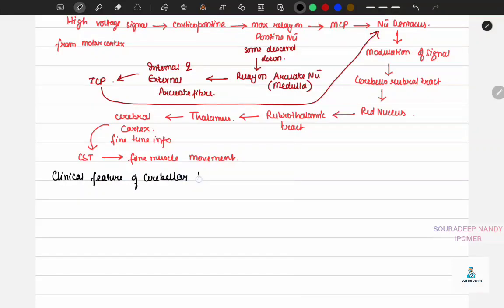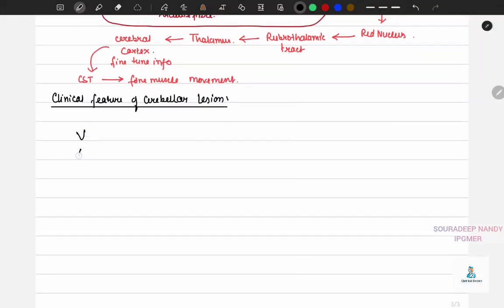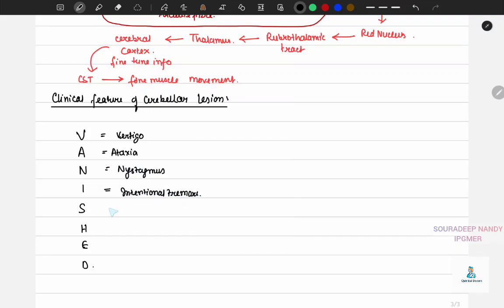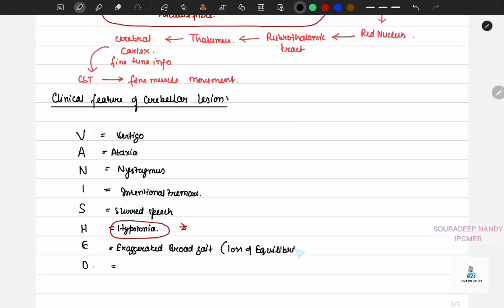of cerebellar lesion. For this, remember a mnemonic, that is VANISHED: V for vertigo, A for ataxia, N for nystagmus, I for intentional tremor, S for slurred speech, H for hypotonia, which is typical of cerebellar lesion, then E for exaggerated broad gait because of loss of equilibrium, then D for dysdiadochokinesia, because of loss of fine coordinated movement.